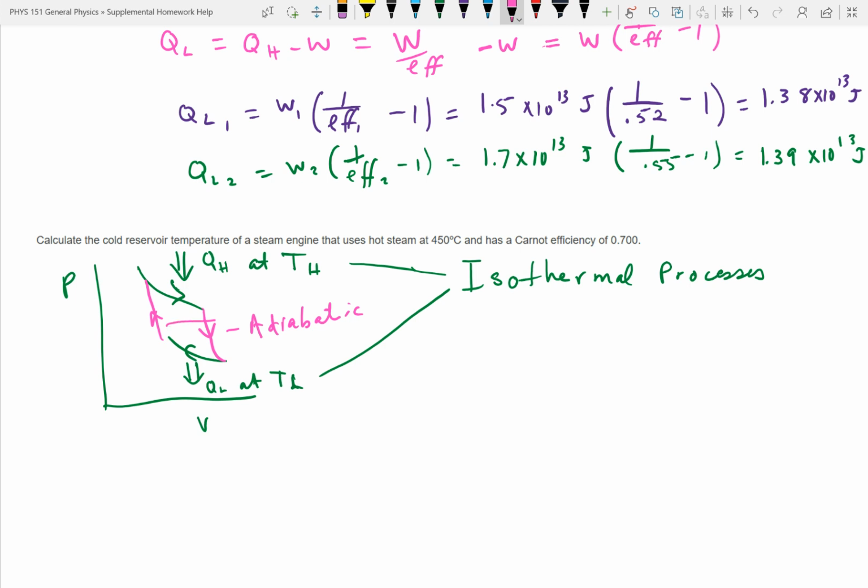Adiabatic means no heat. Technically, the word is something like no flow. But an adiabatic process is one where there is no heat flowing. So that's an adiabatic expansion. Then you have an isothermal contraction and an adiabatic contraction. So those four steps are the Carnot cycle.